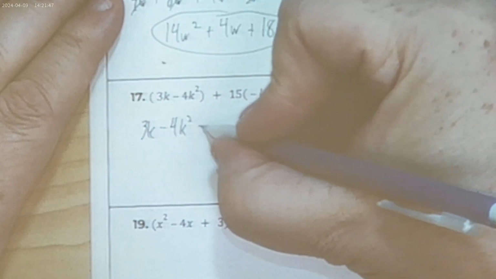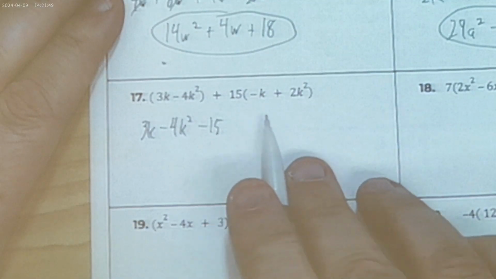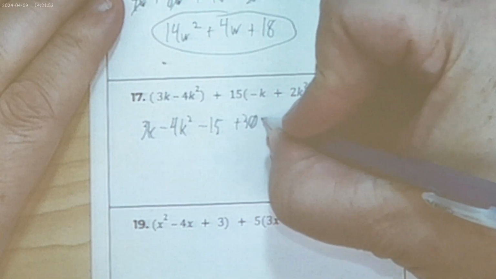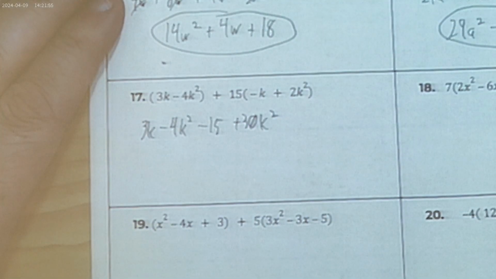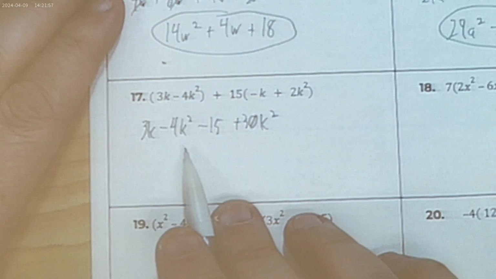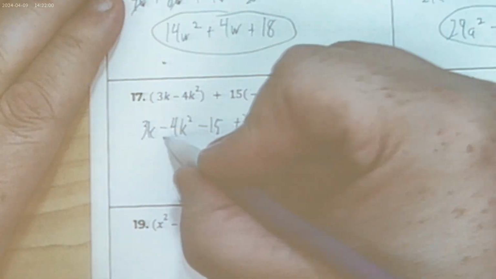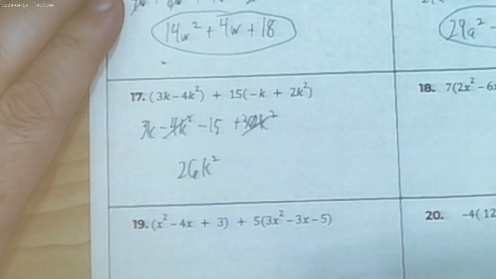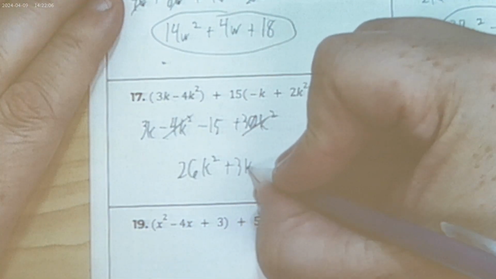I'm just going to say minus 15. And then 15 times 2k squared is going to be plus 30k squared. Let's see. So I've got 30 minus 4k squared, which is going to be 26k squared plus 3k minus 15.